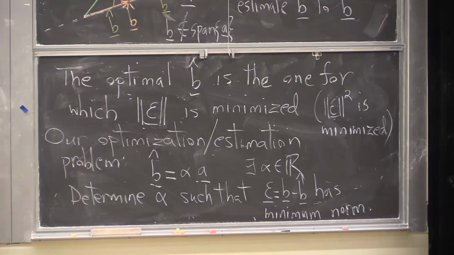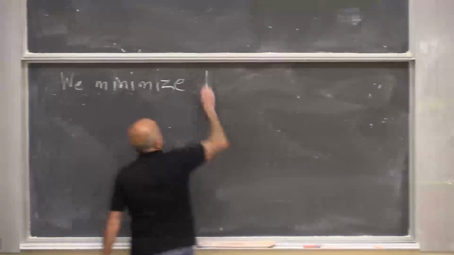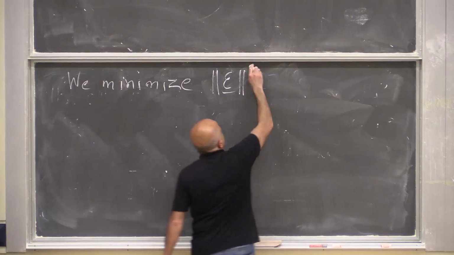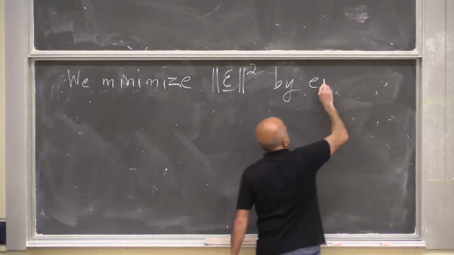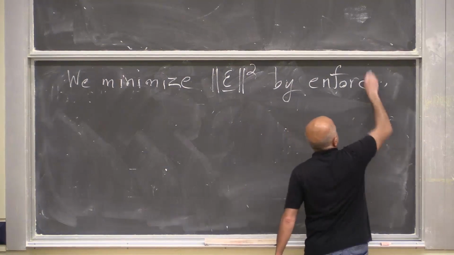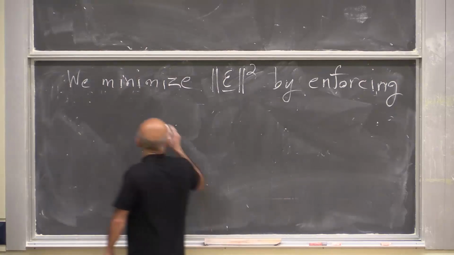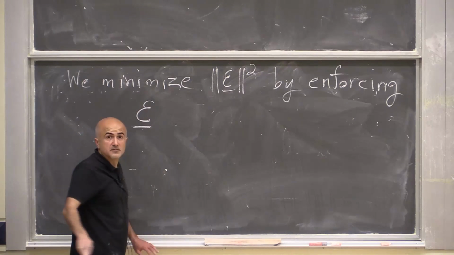By ensuring what? We minimize the error by enforcing what? What must be true about the error?